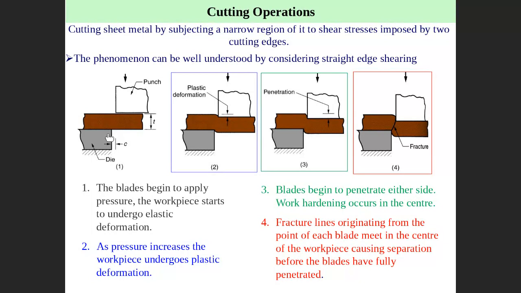And then the punch approaches step by step. I mean, cutting step by step. This is a punch, this is a die. As the punch approaches, you can see permanent deformation will happen. Plastic deformation initially, in the first step. As the punch approaches more, there is more permanent deformation, and at this point a crack is initiated. The crack propagates, and finally the punch separates the part.